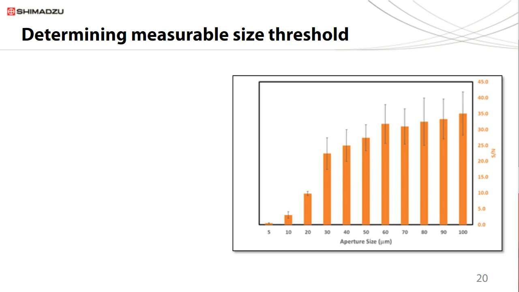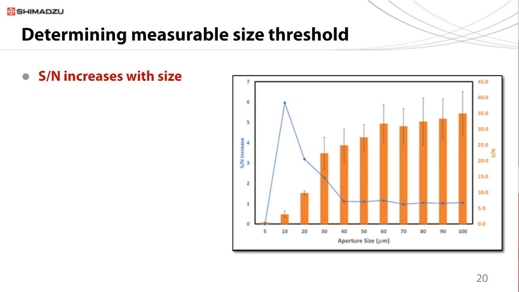The graph in this slide shows signal-to-noise ratio versus particle size. As expected, signal-to-noise ratio increased as the size of the particle increased. Next, we plotted the difference in increase in signal-to-noise from one measurement size to another. This is shown by the blue plot.